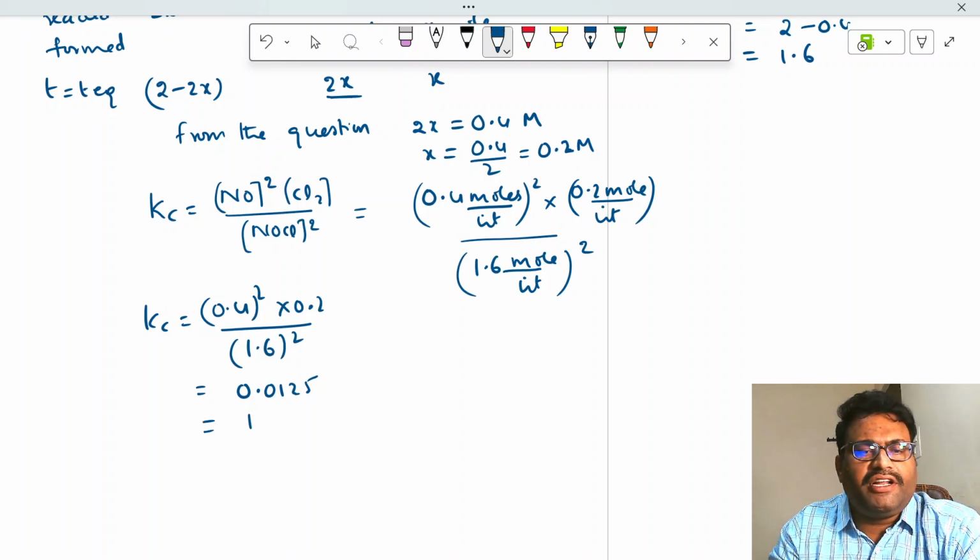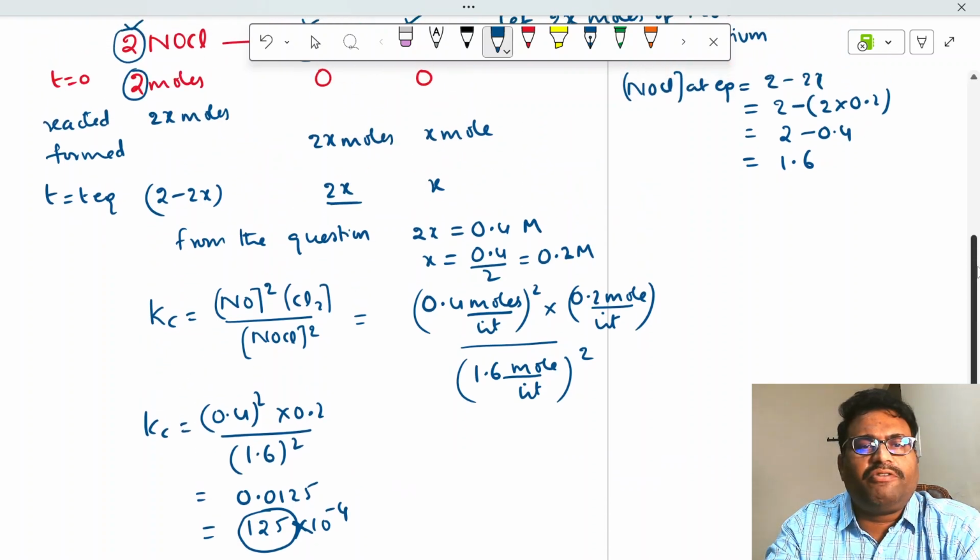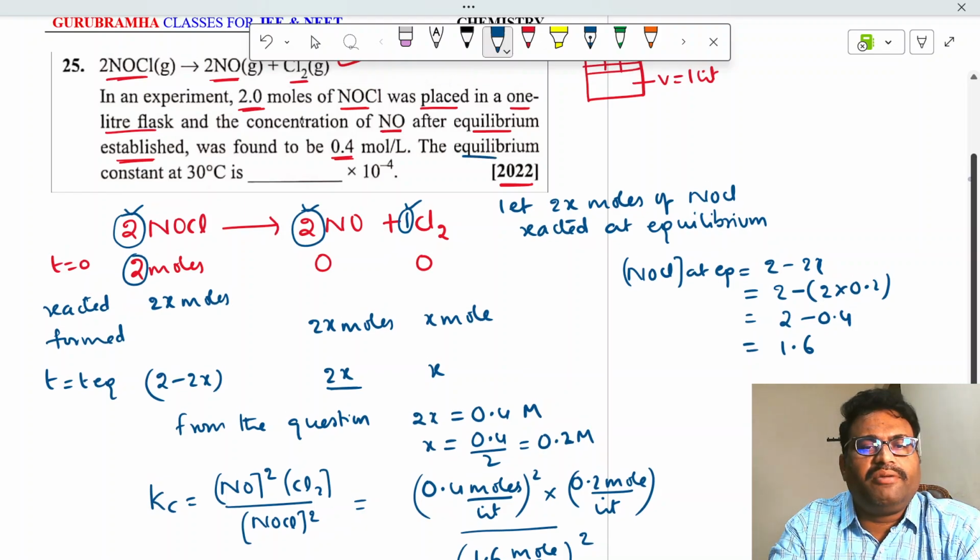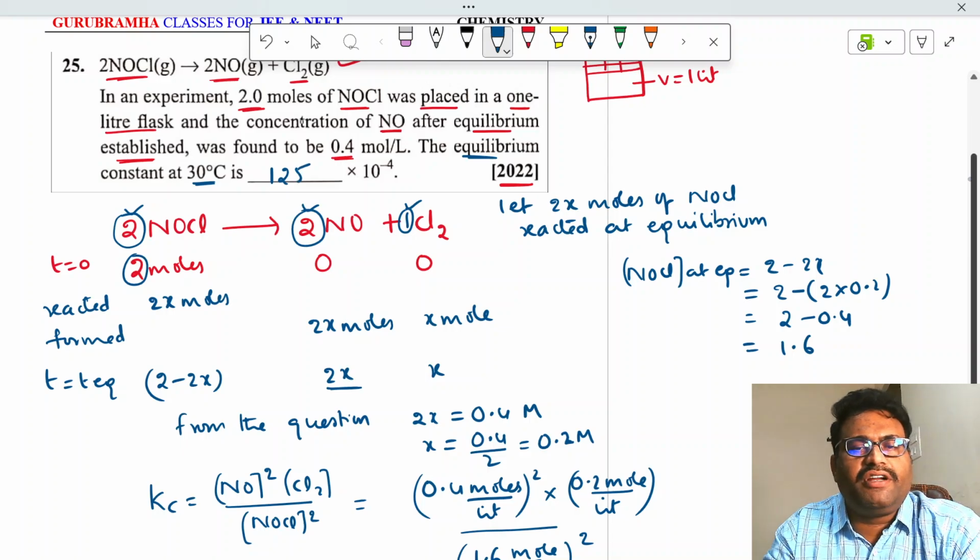So this can be written as 125 into 10 power minus 4. The question asked is the equilibrium constant at 30 degrees centigrade is dash into 10 power minus 4. So the answer is 125 into 10 power minus 4.